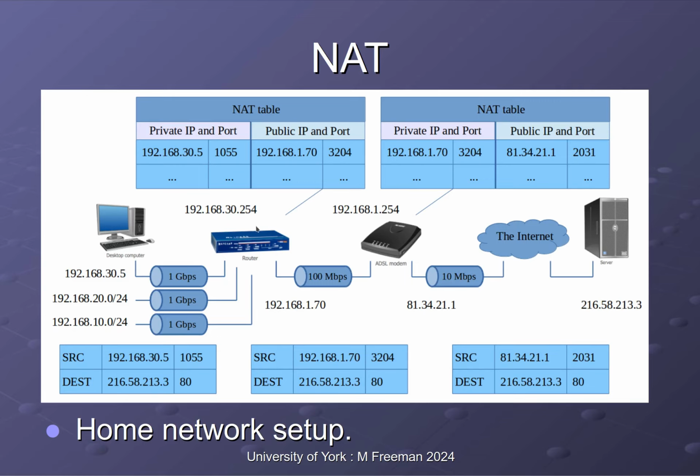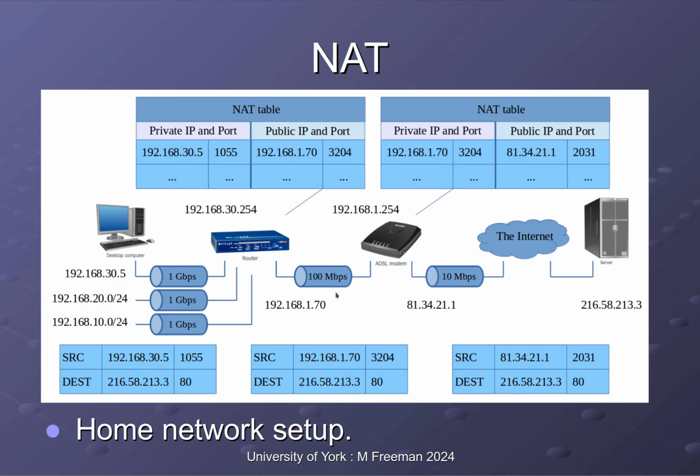So this router here will do this network address translation. So from the 192.168.30.5 IP address, port 1055, it will change that to 192.168.1.70, so the IP address of its connection, and assign it the next free port, which in this particular case is 3204. So you can see that top line has been replaced.